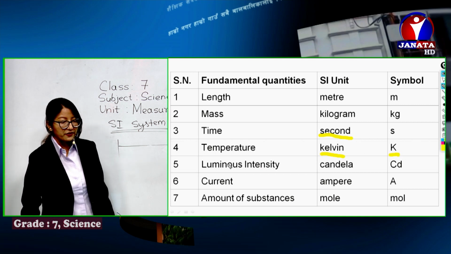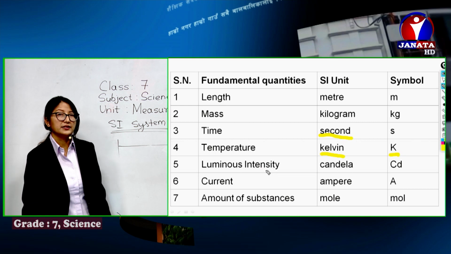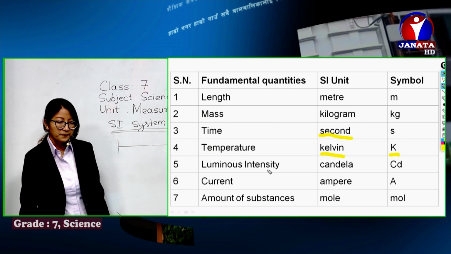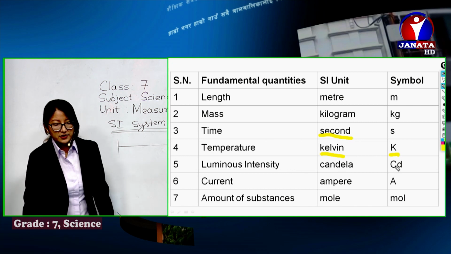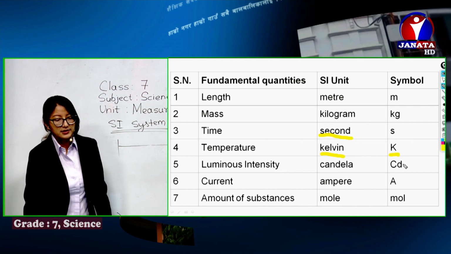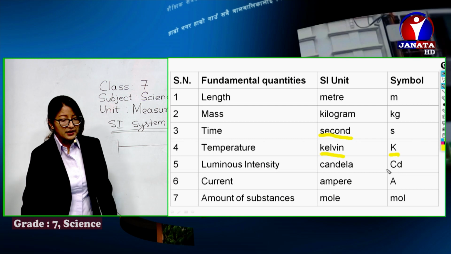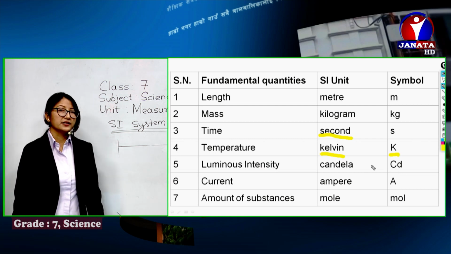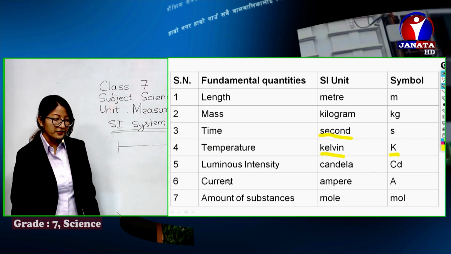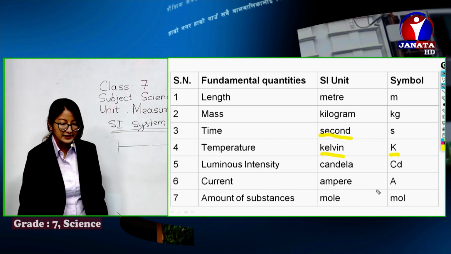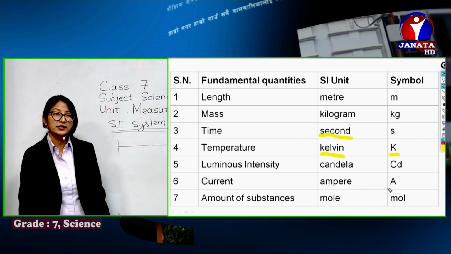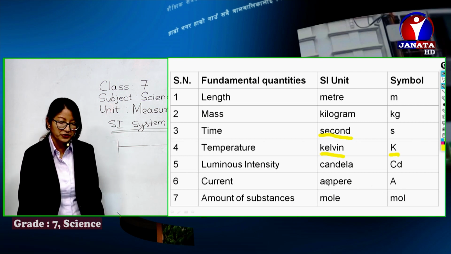And similarly, we have luminous intensity, the brightness of light. The brightness of light is measured in candela, small c, small d, cd. Another we have current. Current is measured in ampere, its SI unit is ampere and its symbol is capital A, named after the scientist.